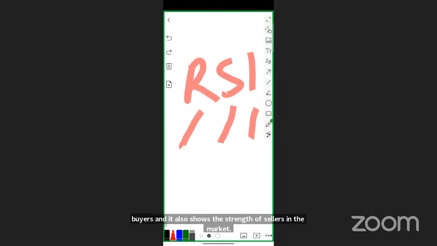And once you can purely interpret the sentiment of the buyers, and you can also interpret the sentiment of sellers, their strength, and you can say, now it is buyers in charge, and now it is sellers in charge, you will be able to make what I call regular, repeated, recurring income.